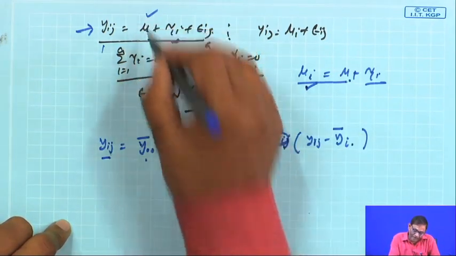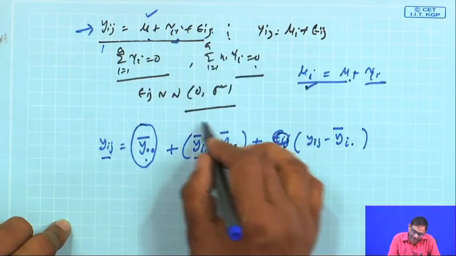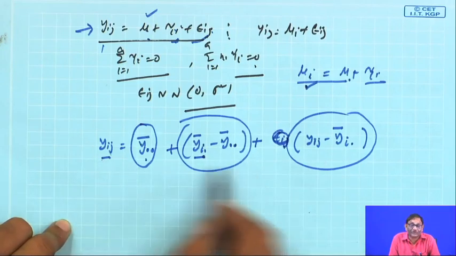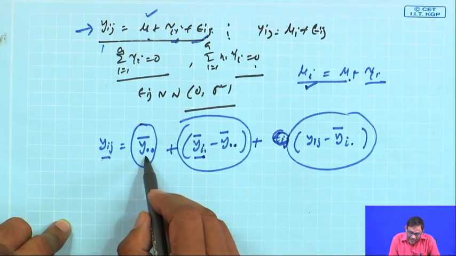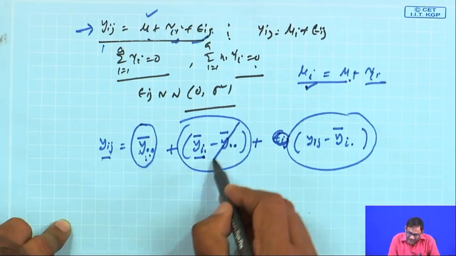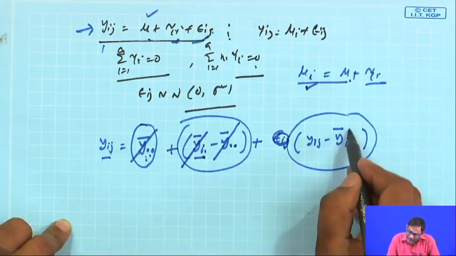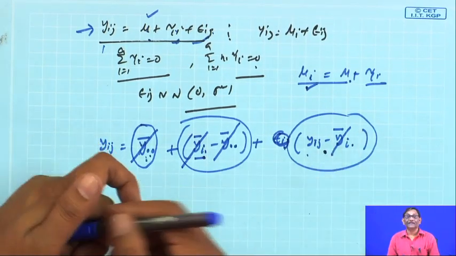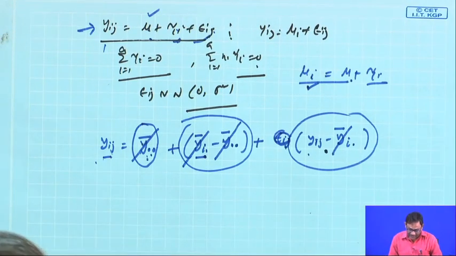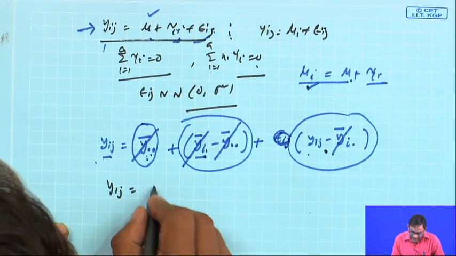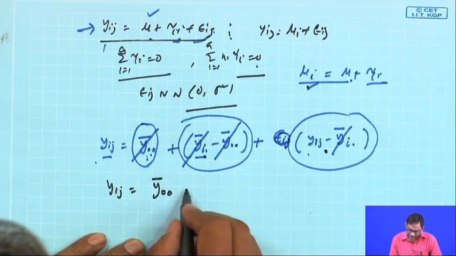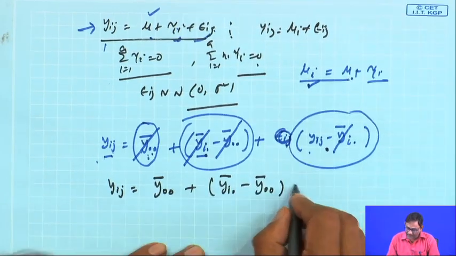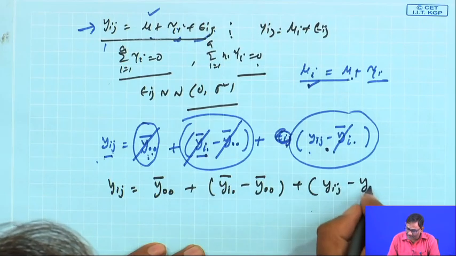First mu corresponding to this, tau i corresponding to this, epsilon i j corresponding to this. Left hand side, right hand side equal, y dot dot bar will be cancelled, this will be cancelled, y i j equal to y i j. So, this is known as partitioning the observation. So, what have we done here then? We have written y i j equal to y dot dot bar plus y i dot bar minus y dot dot bar plus y i j minus y i dot bar.